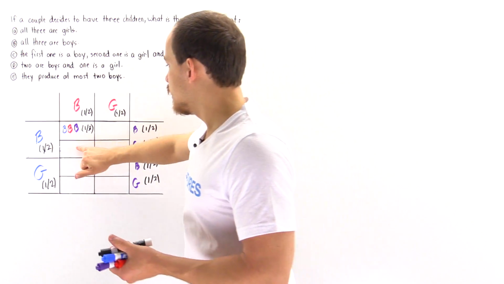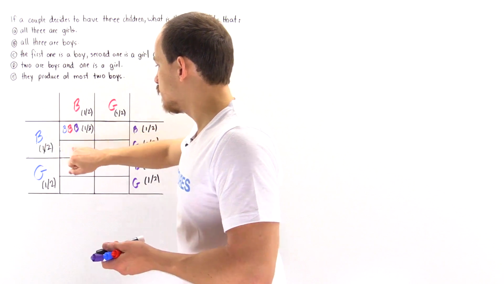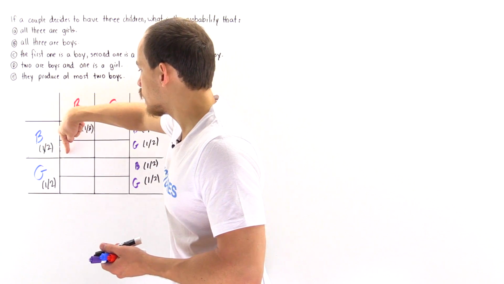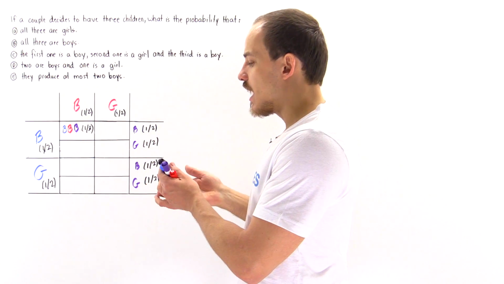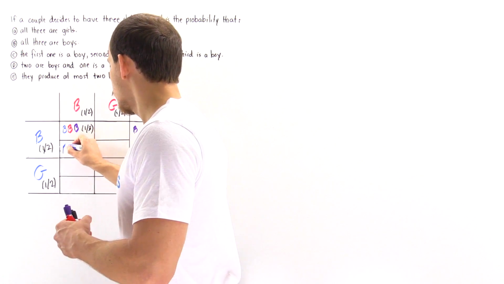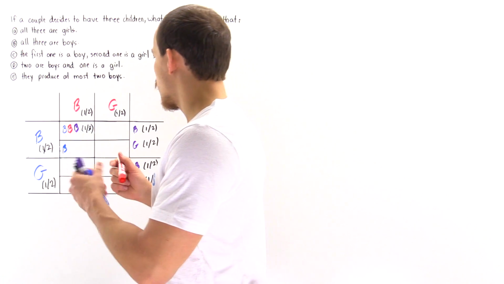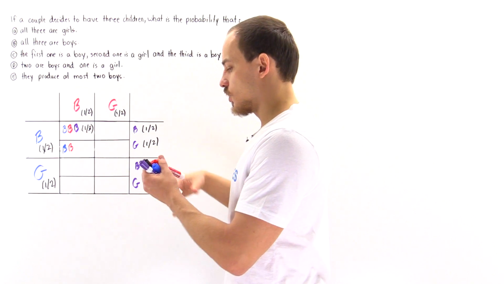Now, let's look at this block right here, this square. So this basically describes the probability. We have a boy on the first time, the boy on the second time, and a girl on the third try. So we have a blue boy, then we have the second child, we have the red boy, and then we have a girl.